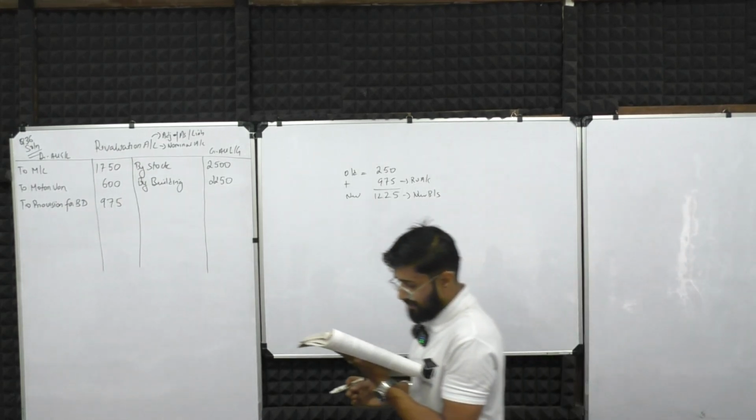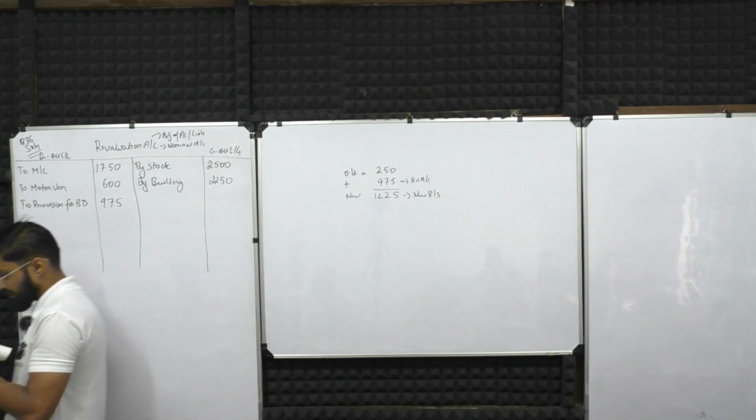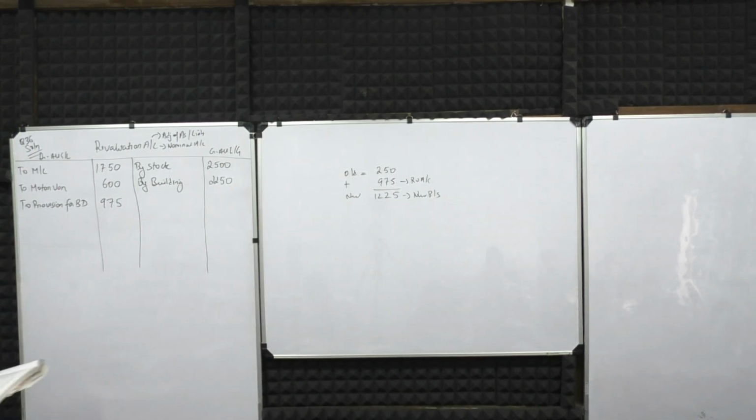Point A: liability for workmen's compensation to the extent of 325 is to be created.